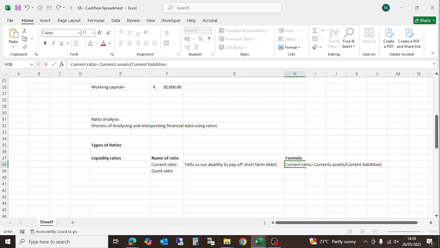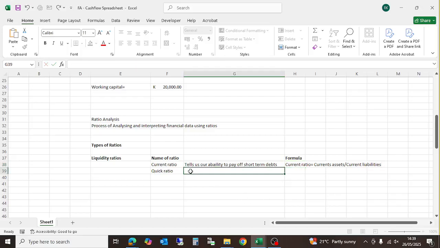It equals current assets over current liabilities. So it shows us our business's ability to pay off our short-term debt.